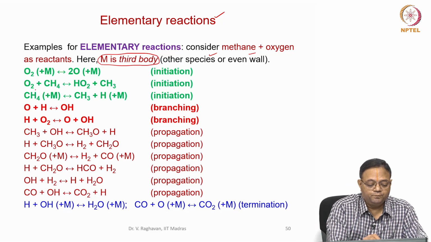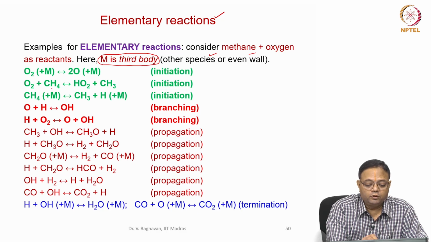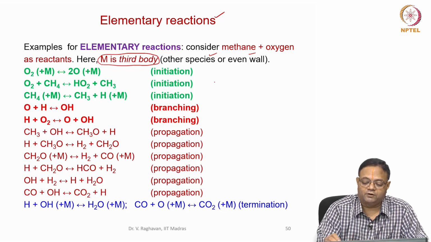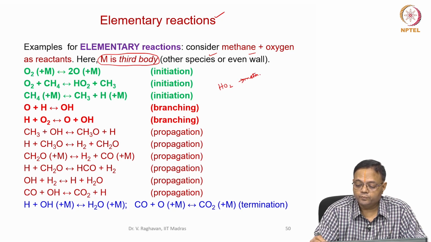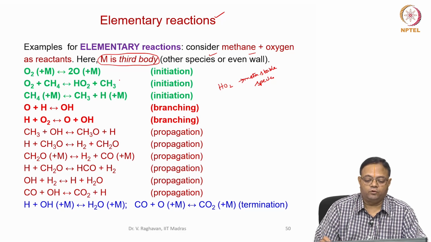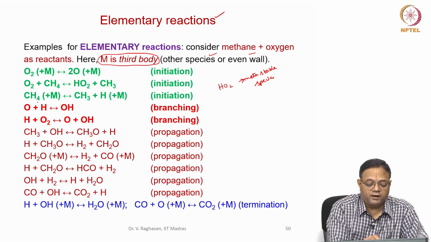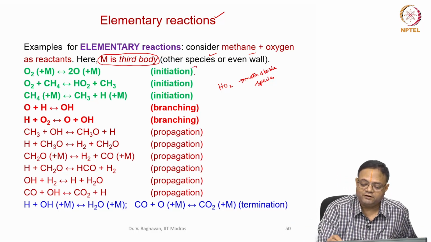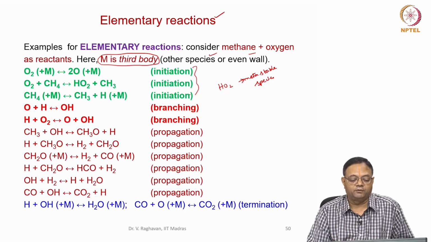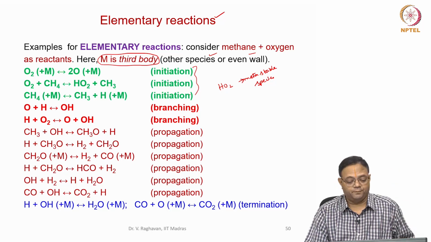Similarly, you will see that O2 plus CH4, the reactant species, react to form HO2. The HO2 also is a metastable species. CH3 also is like that. So again CH4 forms CH3 plus H, CH3 will form CH2 plus H and so on. So these are several sets. I am giving only simple examples here. Several initiation steps will be there.